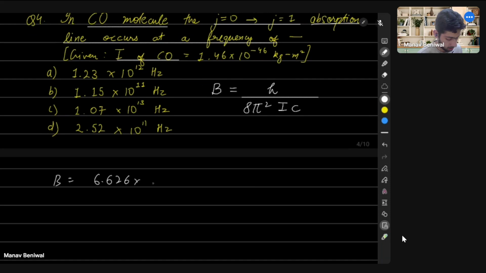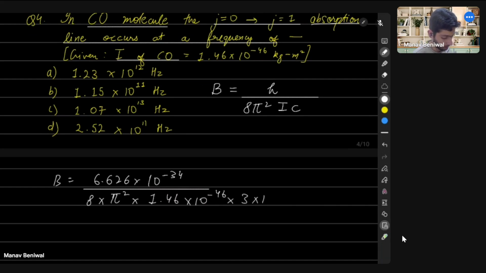So B will be 6.626 times 10 to the minus 34, and I is given to be 1.46 times 10 to the minus 46, and c is 3 times 10 to the 8.